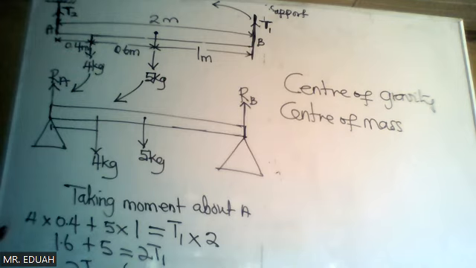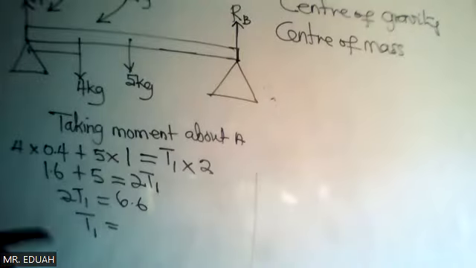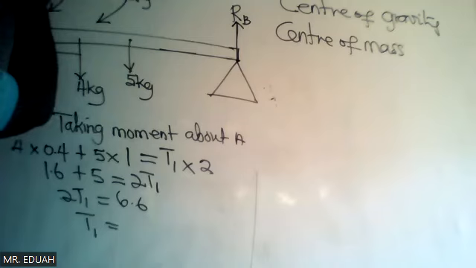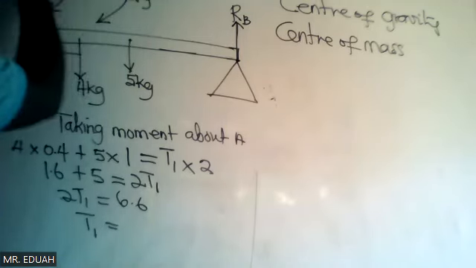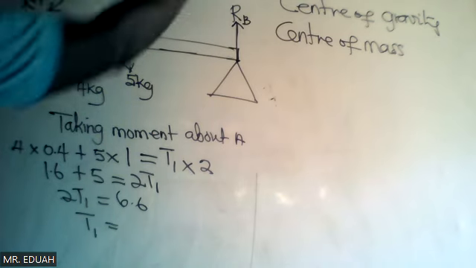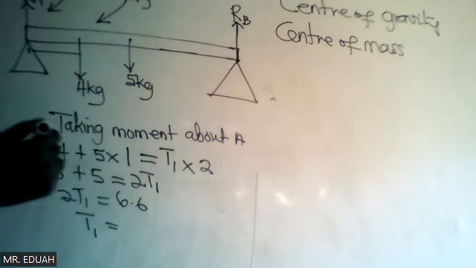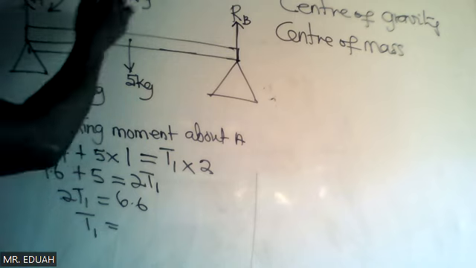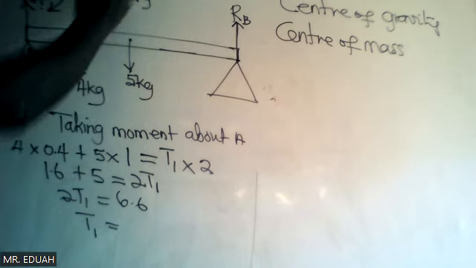T1, therefore... Why didn't you use the 0.6 meters? We are taking the moment about A. That's why this is not here. So if this is not here, this is giving us clockwise, clockwise.